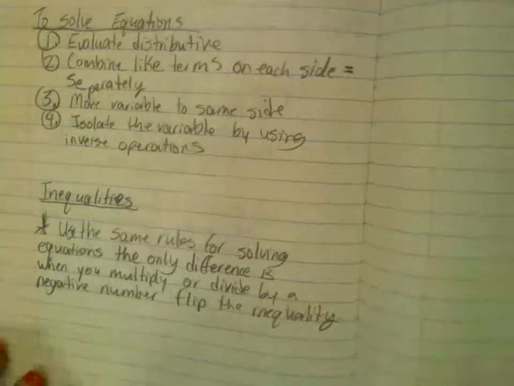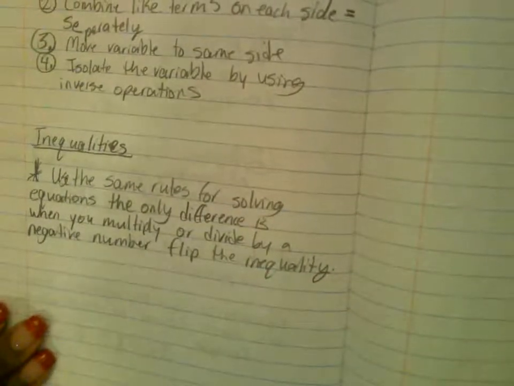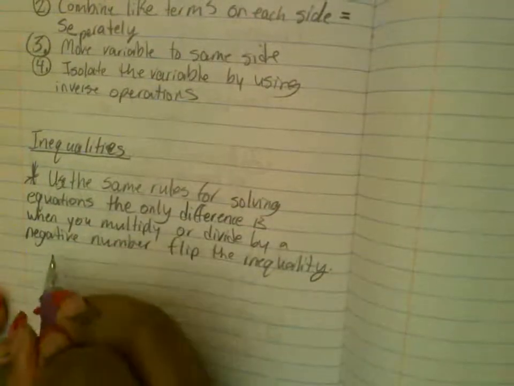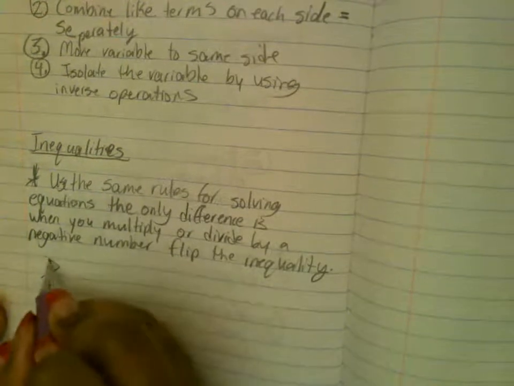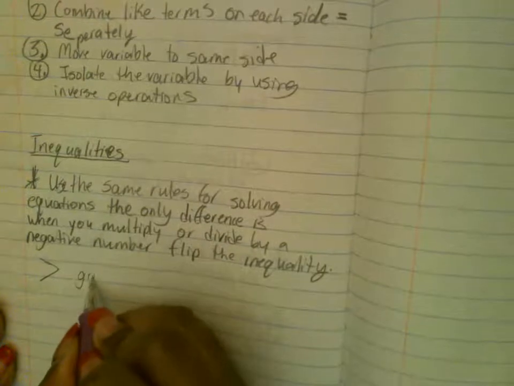Okay? So now what are those inequalities? Okay, so these are your inequalities. Of course, you have the equal sign. That's with the equation that we talked about up here. You have your greater than. I don't usually start with greater than, but I guess I did this time.